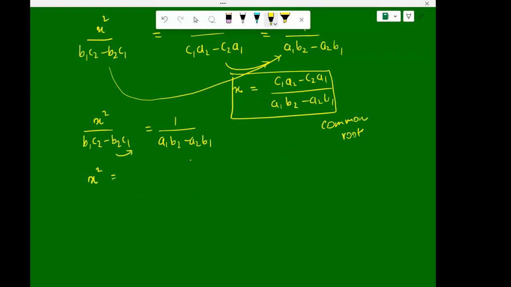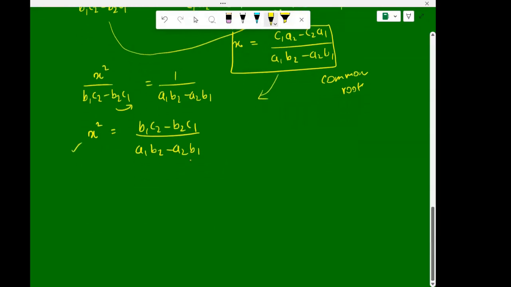From this equation, move this denominator. Now it is x square equal to b1c2 minus b2c1 divided by a1b2 minus a2b1. Now what is x? Just replace here in this x square.